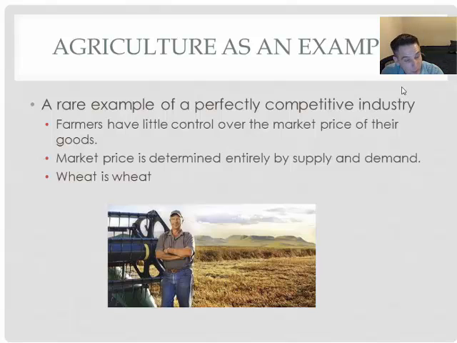Because again, in a perfect competition, no one seller has any control over market price. Whereas in a monopoly, only one seller has control over market price. And on that spectrum from the first slide, there's all kinds of a range in between one and nobody. So again, perfect competition, no one seller has any power over market price.